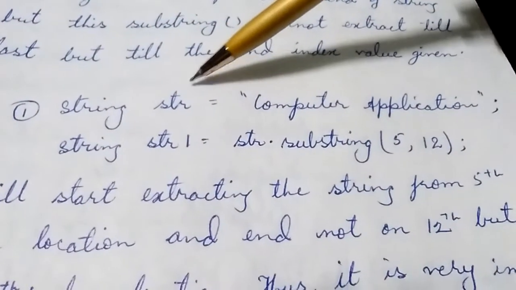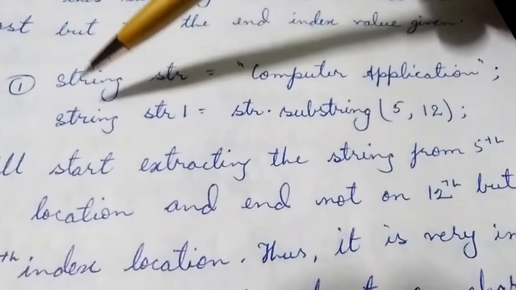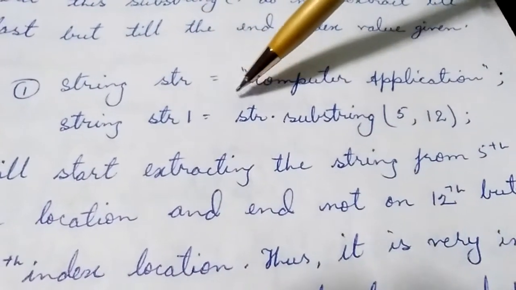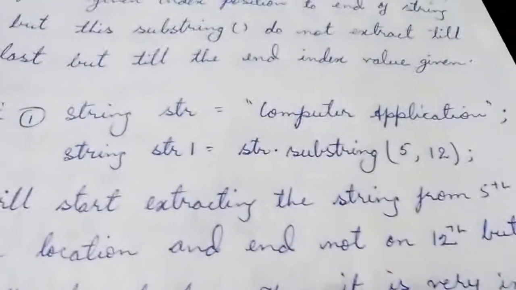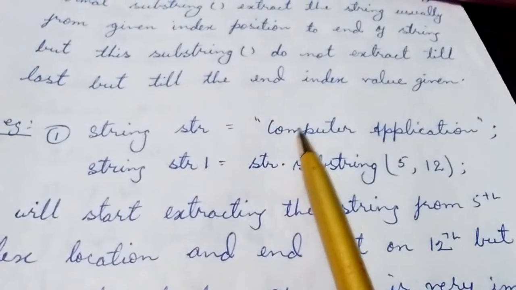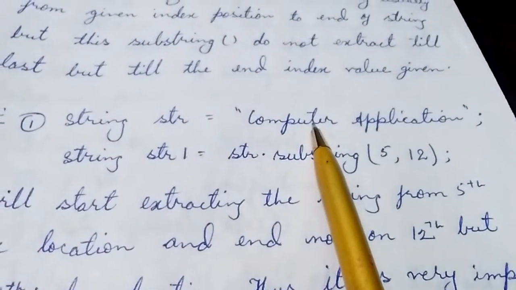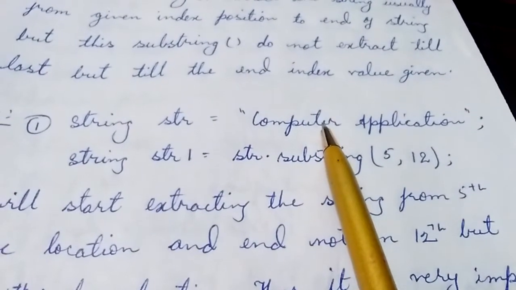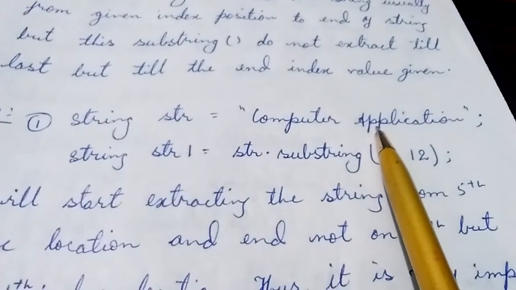String str equals "computer application", and when we write String str1 equals str.substring(5, 12), it will extract from 5, counting 0, 1, 2, 3, 4, 5, 6, 7, 8, 9, 10, 11.